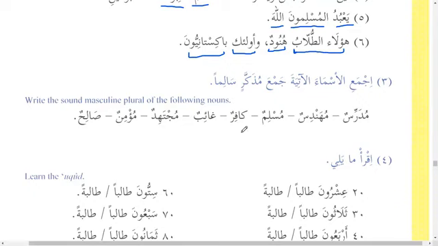Mudarrisun. Mudarrisuna. Please give me the three forms so that we know that you know the three forms: marfu, mansub, and majroor. Mudarrisuna, mudarrisina, mudarrisina. Why do we have the ina sound? Jam' salim, excellent.